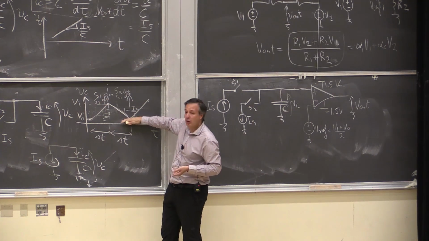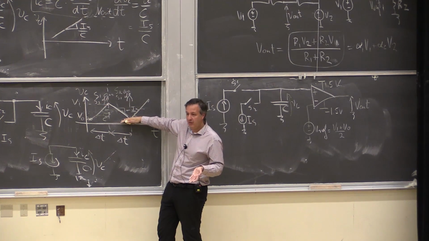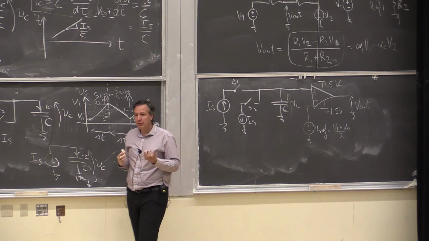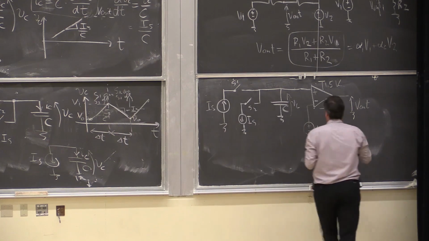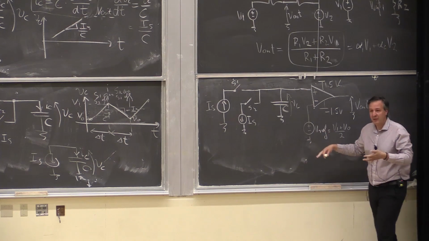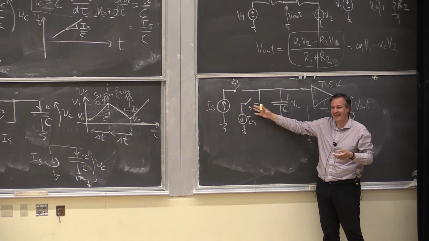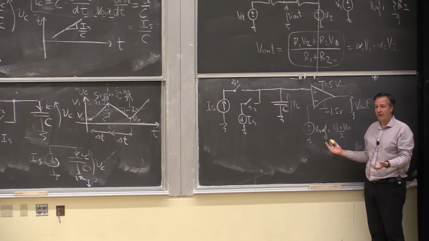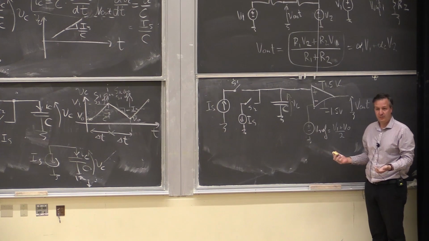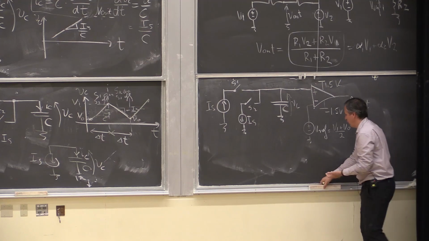When I'm below, I'm going to generate minus 1.5 volts. Okay. Problem is that I'd like to somehow get rid of these switches in the end. And so if I do it like this, I have no way of doing that.